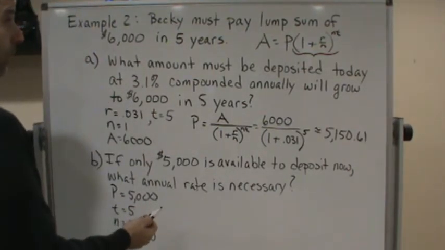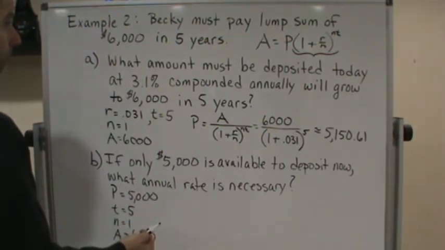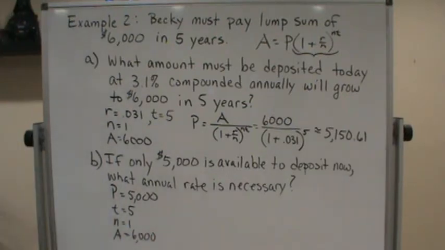R. Well, how do I solve for R? Well, this is going to be an interesting one to solve, right? So if I solve for R, I have to deal with that exponential there.